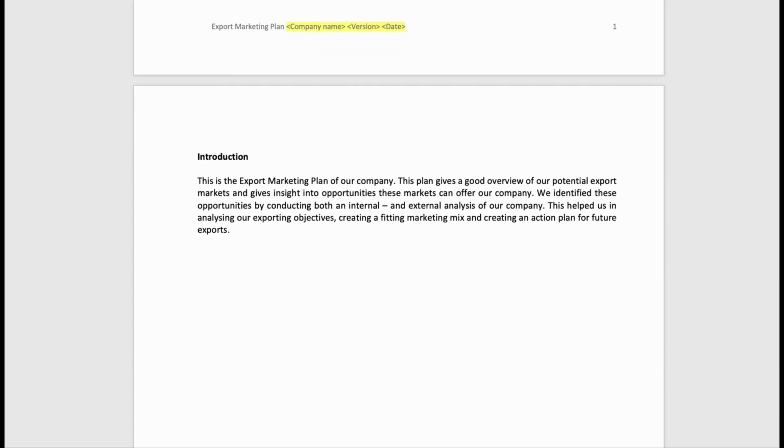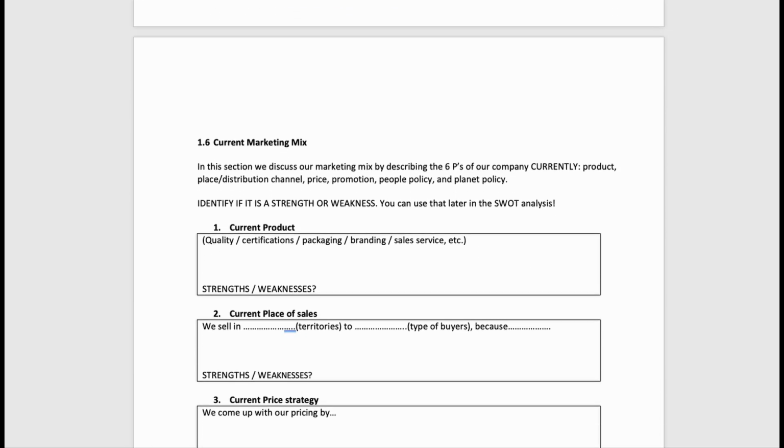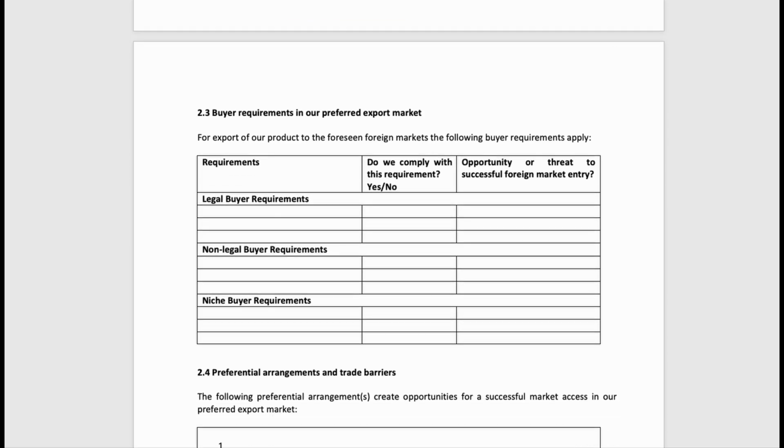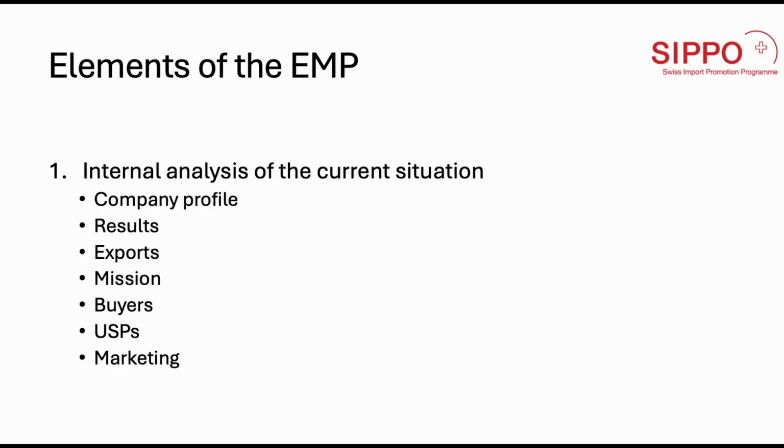At this point, you should open the template of the export marketing plan, the Word document, and then you will see various sections. Those sections we will discuss briefly in this video. They are the company profile, results, exports, mission, buyers, the unique selling points and marketing. This is all part of the internal analysis.